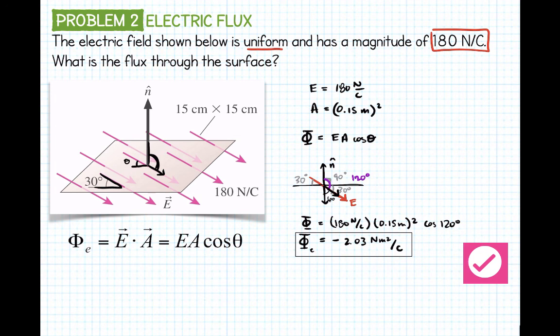It's the angle between the plane and the electric field. So you can't use 30. You have to use 60, but that would give you a positive, and then you just have to know it's negative from looking at the problem. So those are both ways you could solve it. But the key is we know the flux is going in, so it has to be negative, and we can figure out the angle from geometry.